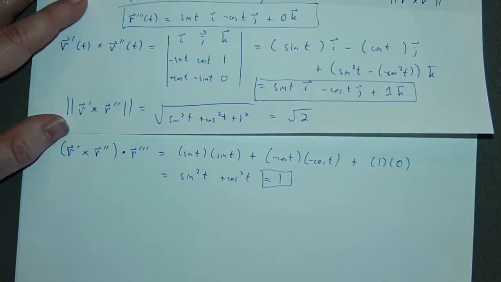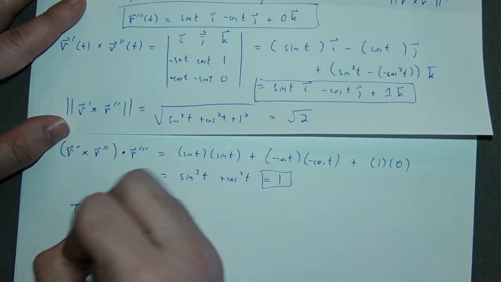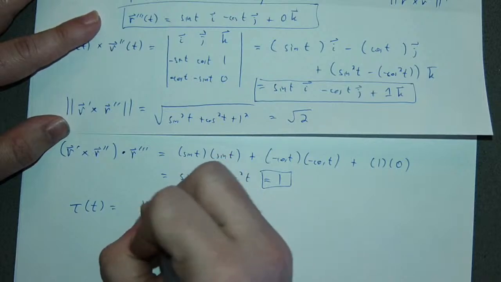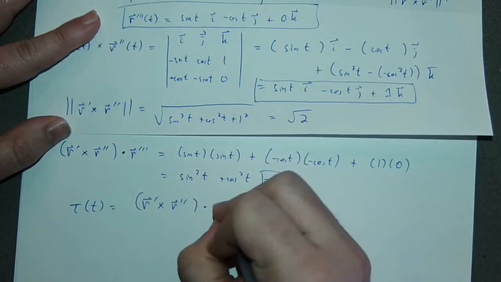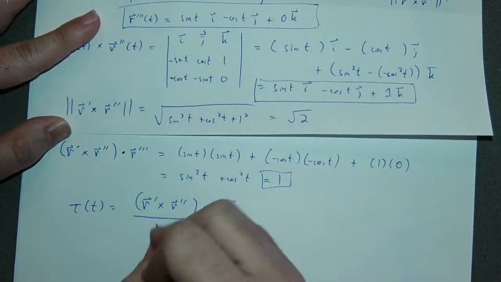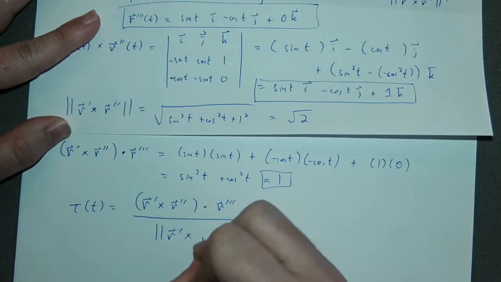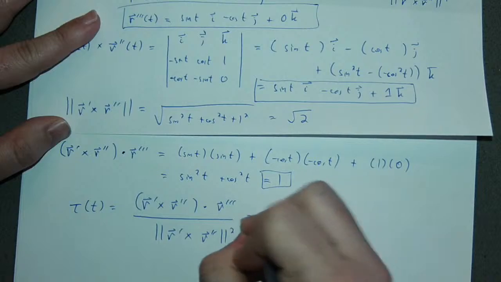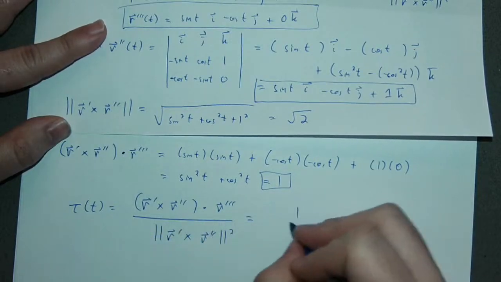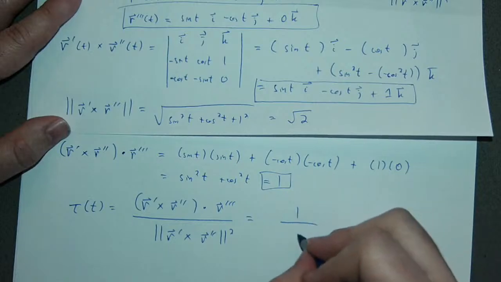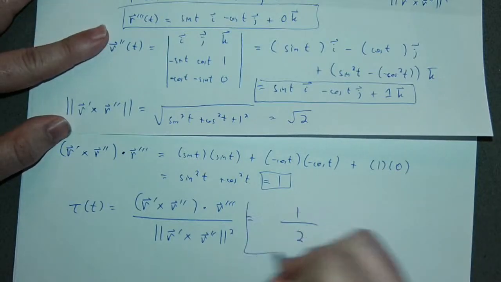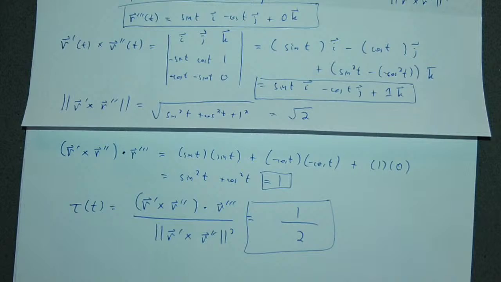And so what do I do now? My torsion is r prime cross r double prime dotted with r triple prime divided by the length of r prime cross r double prime squared. So this is 1 over, this length is square root of 2, so that square root of 2 squared is 2. The torsion is 1/2.